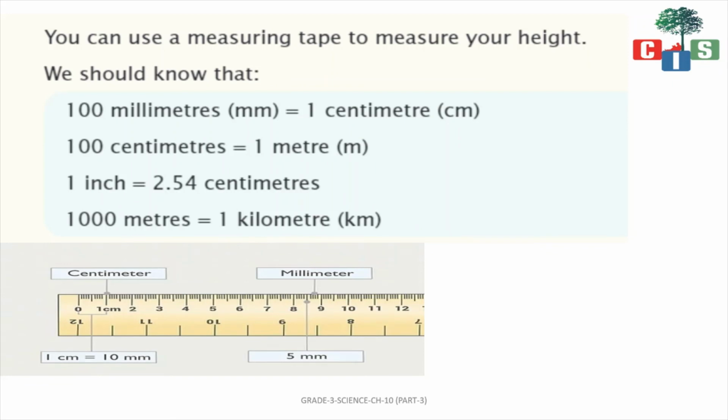And 1000 meters is equal to 1 kilometer. So these are the different units for measuring distance, or the length, height or width of an object: millimeters, centimeters, meter, inch and kilometers.